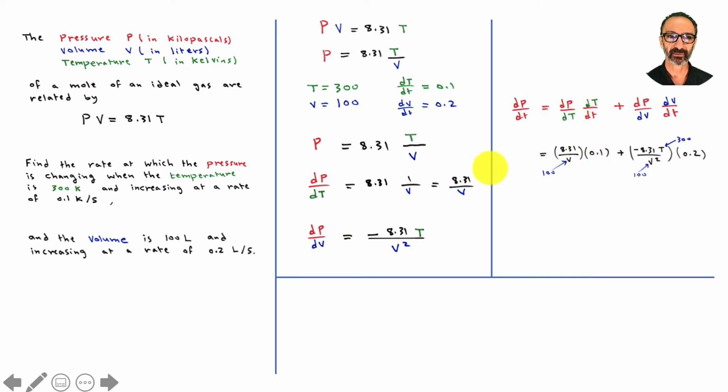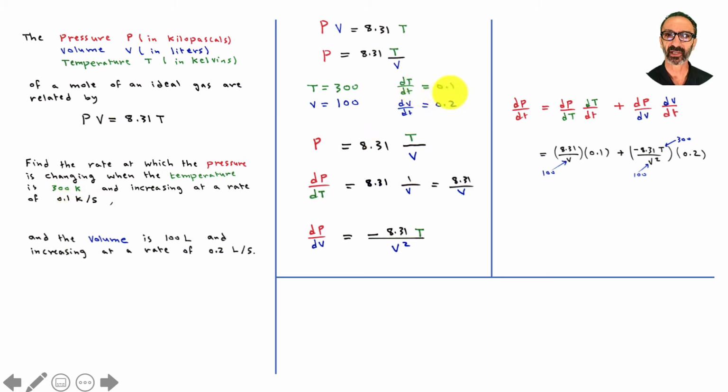This right here is from the left hand side, as you could see. dT/dt is 0.1, which is right here. It says the temperature is 300 K and increasing at a rate of 0.1 K per second.